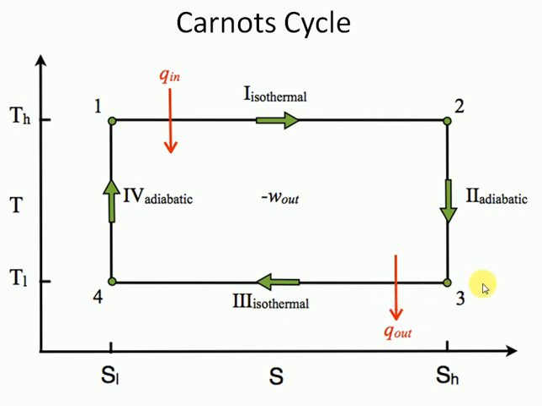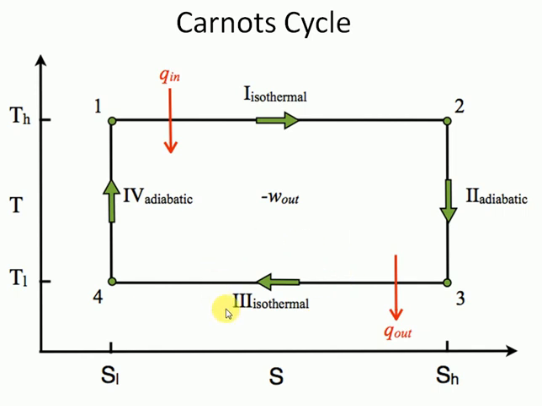Then the process 3 to 4 is again an isothermal process. But in this process, entropy reduces. If you compare, in process 1 to 2 entropy increases, and in process 3 to 4 entropy reduces, keeping the temperature constant. Entropy reduces, that means the degree of disorder is reducing.